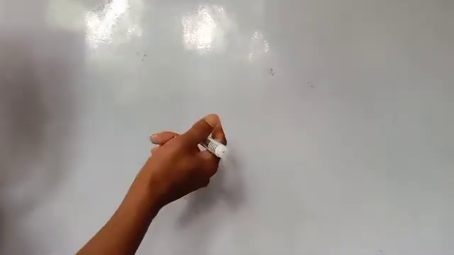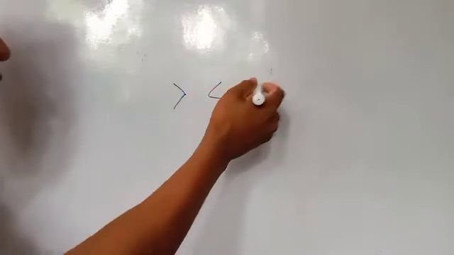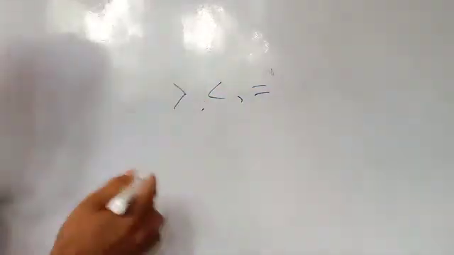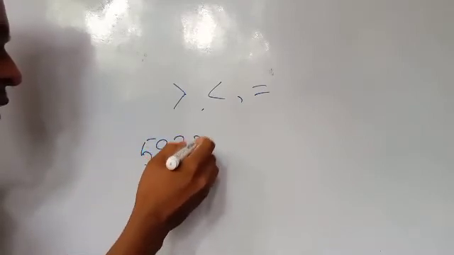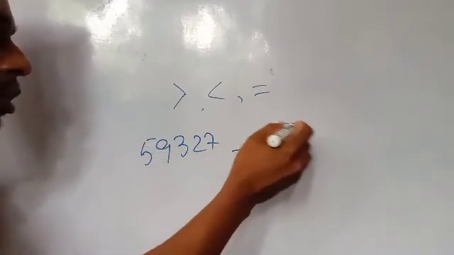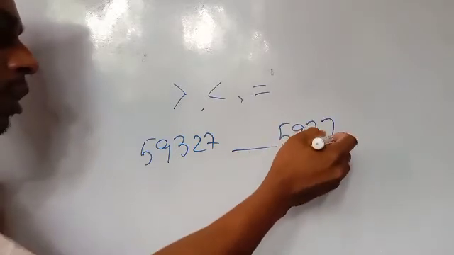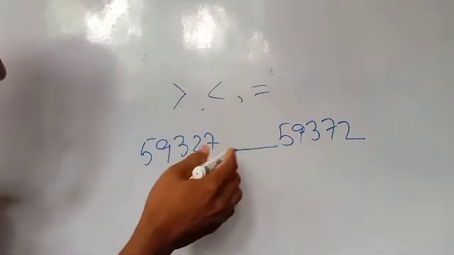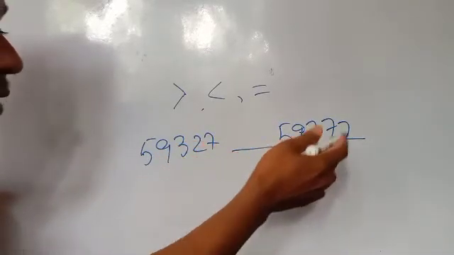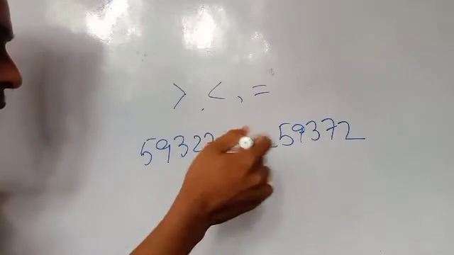And another very important thing: greater than, less than, or equal to symbols. Sometimes you have to put them. Two numbers will be given to you: 59,327 and 59,372. Apparently both look the same, but they are different.